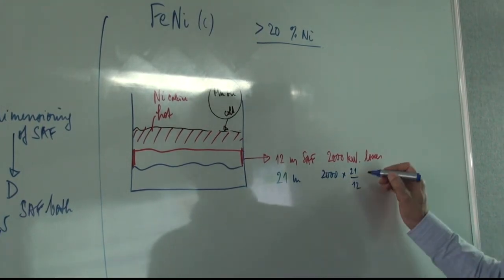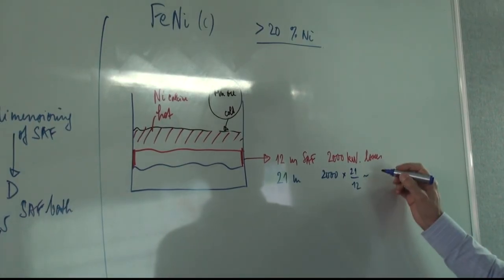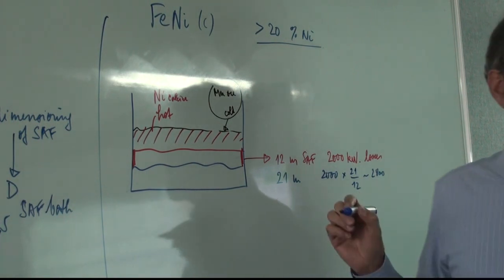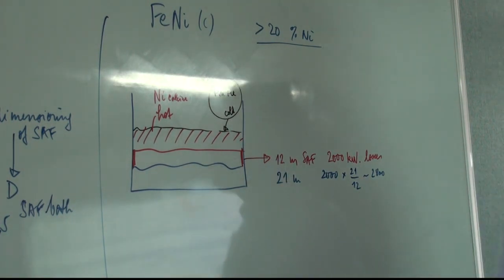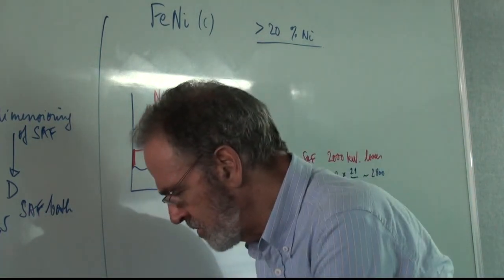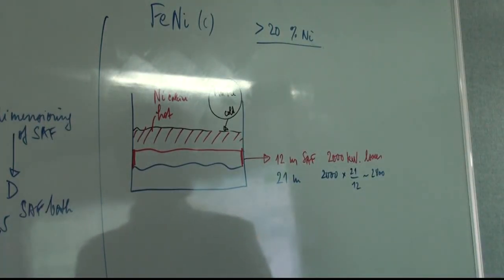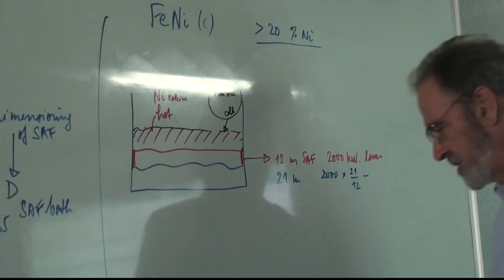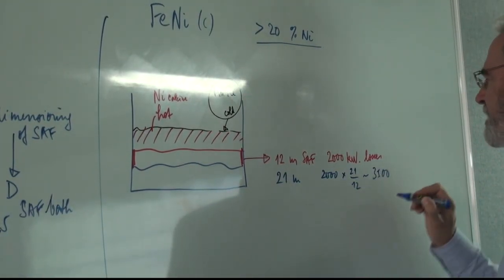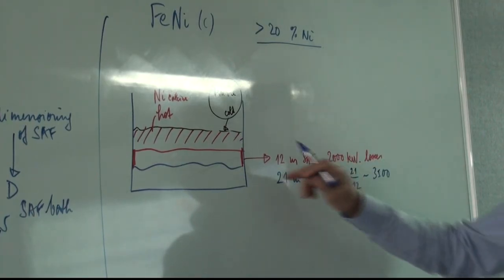Okay? This is roughly 3,500. Ah, yes, it's not right. And this is only these losses.